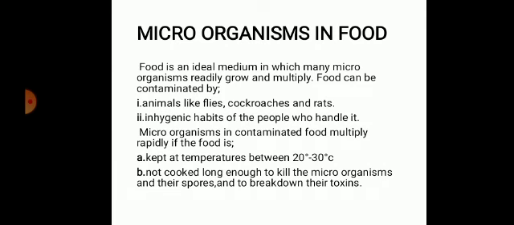If you are frying your egg, make sure your egg is brown. When it is brown, it is well done. Don't do half-baked or half-done egg. If you are cooking your food, make sure it is well cooked. All these things can harbour microorganisms, and if you eat it, you will be infected with some diseases.